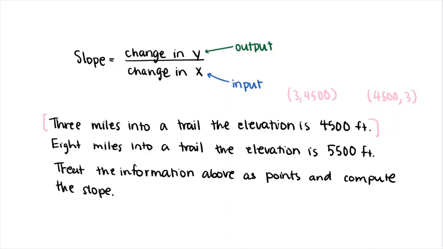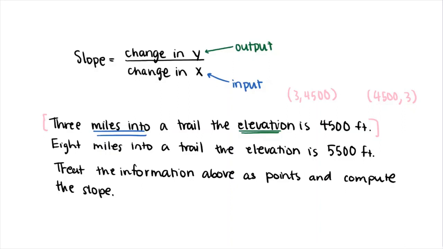This comes back to identifying an output variable or a dependent variable and an input variable. So which quantity depends on the other? I would say that the elevation depends on how far we are into this trail. And so I'm going to think of my elevation as my dependent quantity, my output quantity, and I'm going to think of it like my y values here.